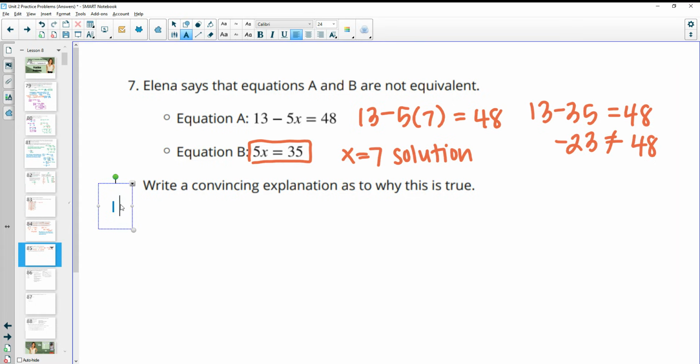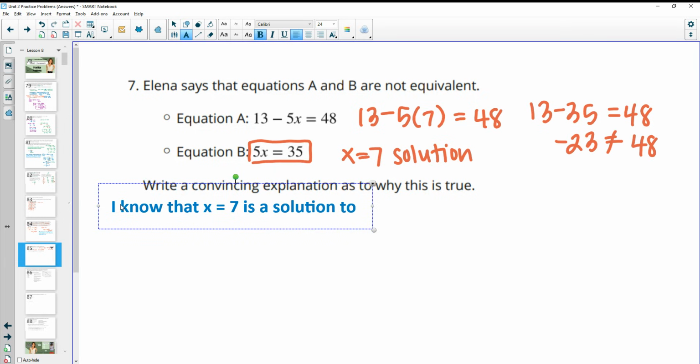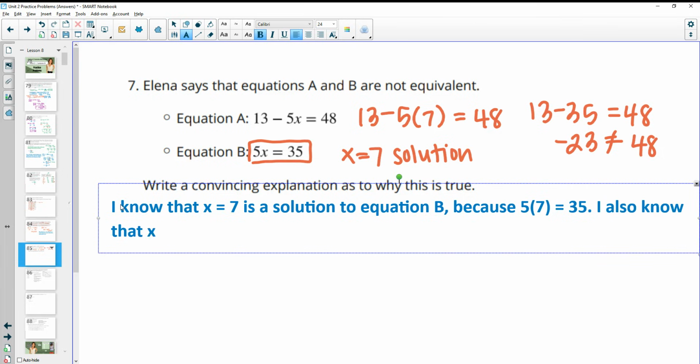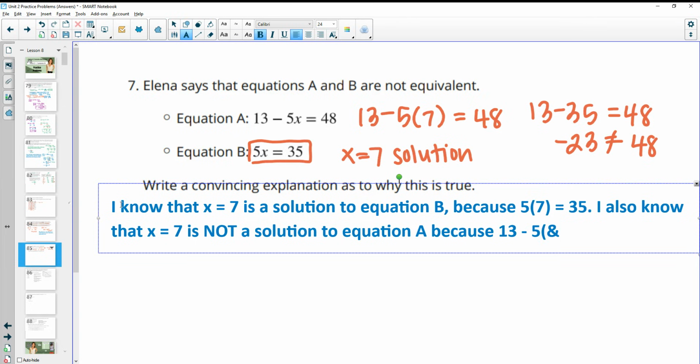So my explanation is I know that x equals 7 is a solution to equation B because 5 times 7 equals 35. Then I also know that x equals 7 is not a solution to equation A because 13 minus 5 times 7 does not equal 48.